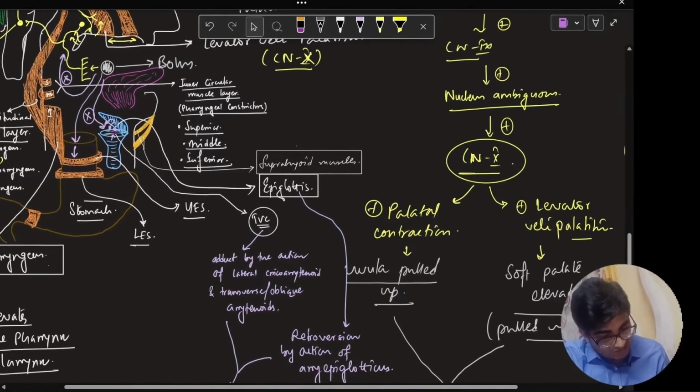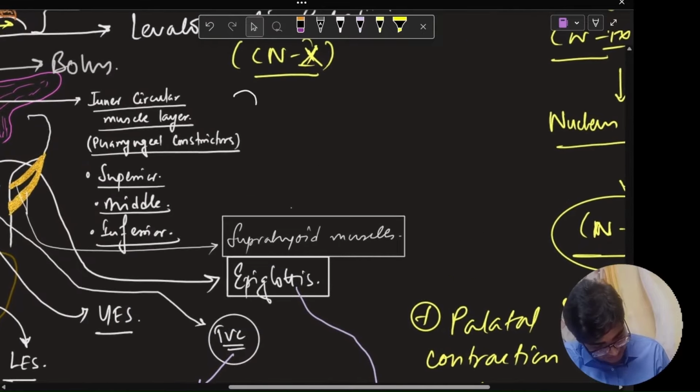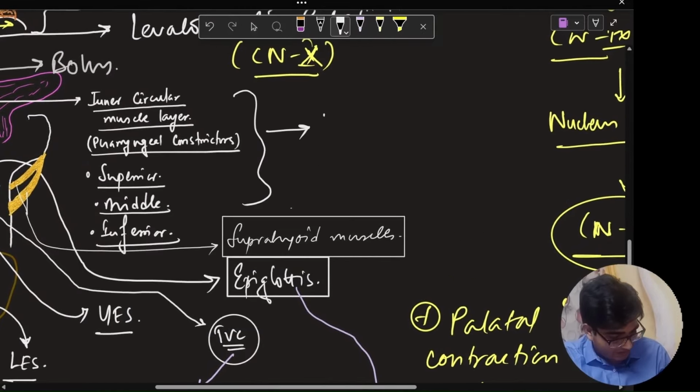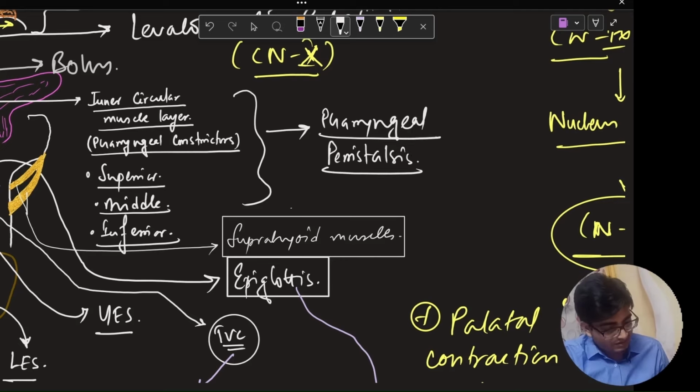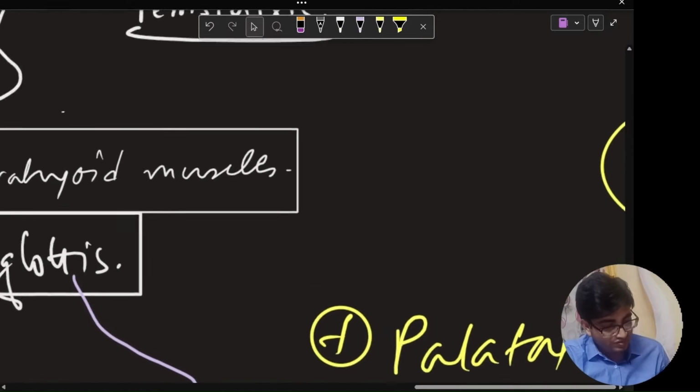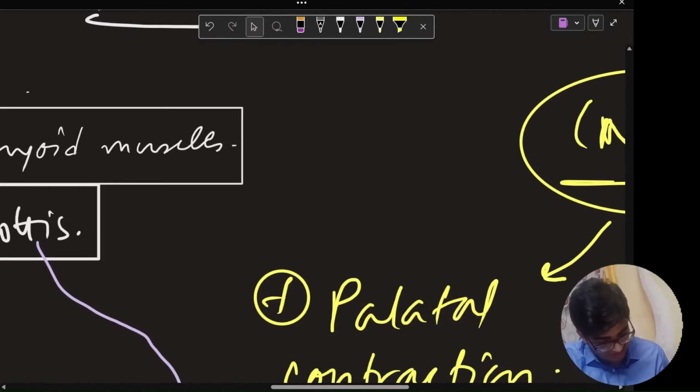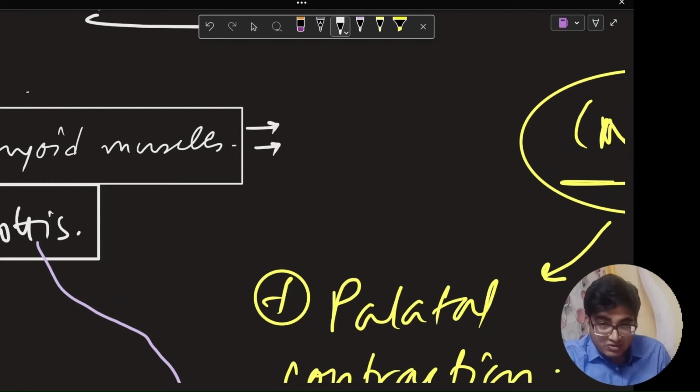Then this inner circular muscle layer, that is the pharyngeal constrictors, obviously are responsible for pharyngeal peristalsis. Correct? As well as the suprahyoid muscles. What do they do? They will elevate the larynx.